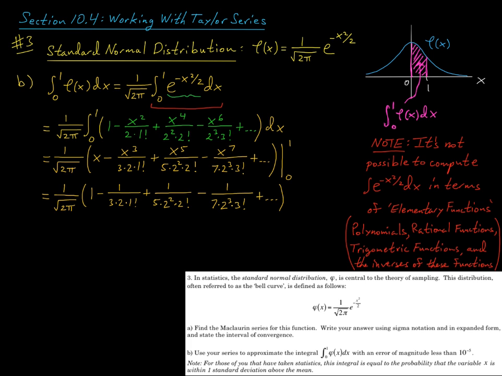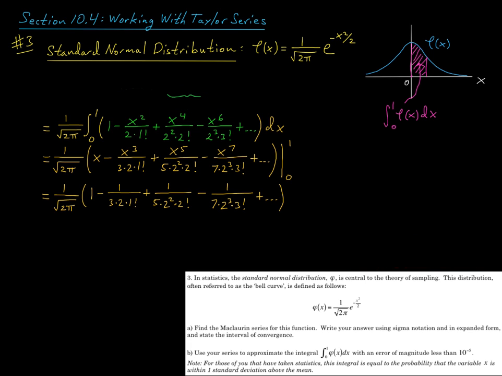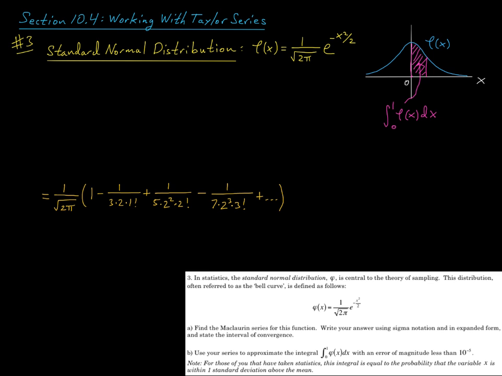All right, so what I want to do now is make a little space, and next observe the following fact. This series that we're looking at, which gives us the value of this integral, is an alternating series.